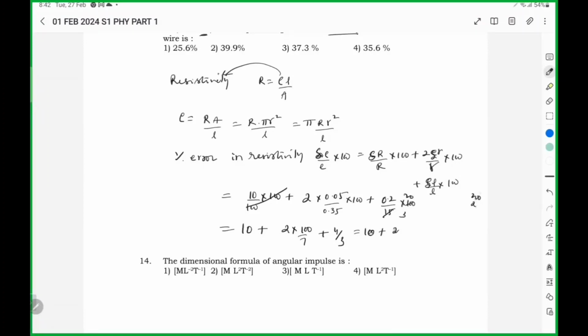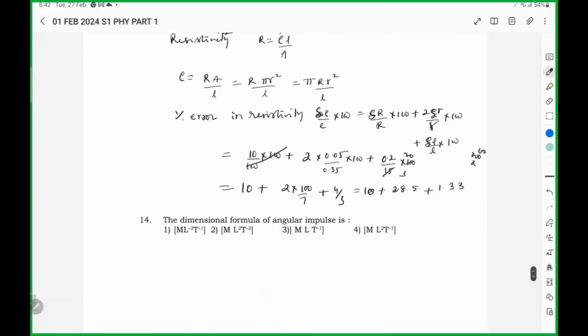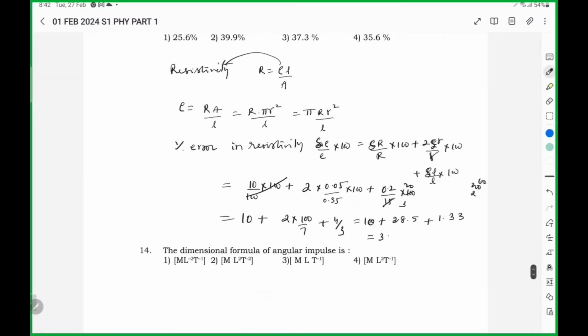Again it is 1.33. Roughly it is 38 plus 1, 39.9%.